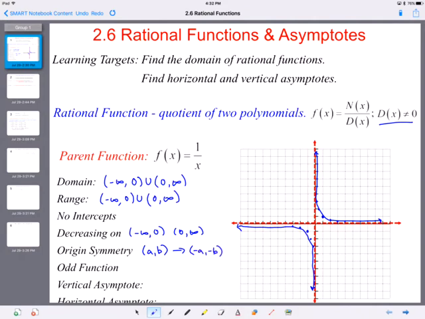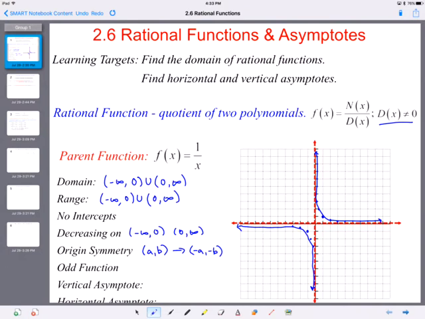So those points we just plotted, (1, 1) becomes (negative 1, negative 1). The point (2, 1/2) becomes (negative 2, negative 1/2). And so that is origin symmetry, which means we have an odd function from what we talked about the other day.